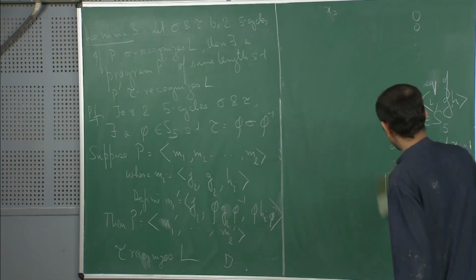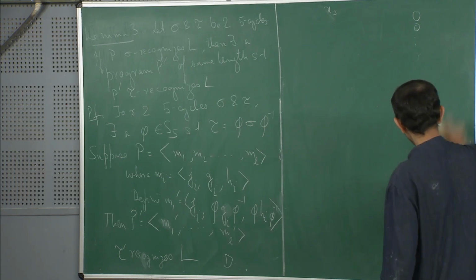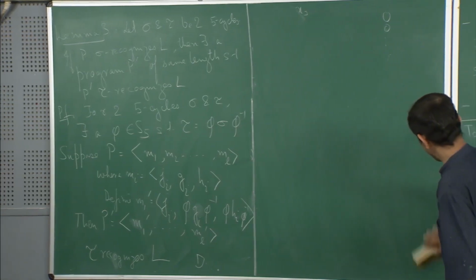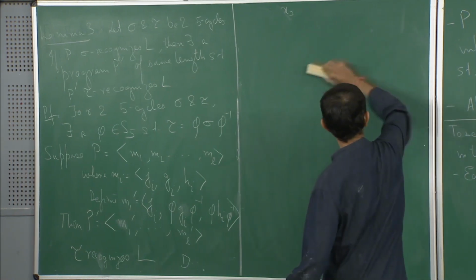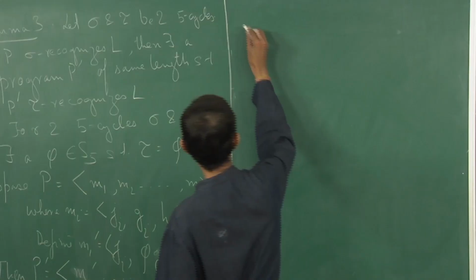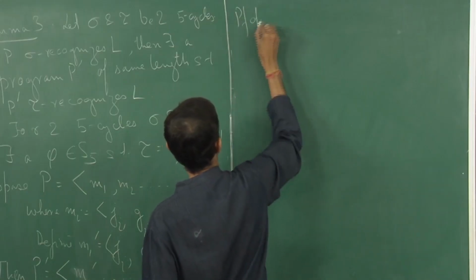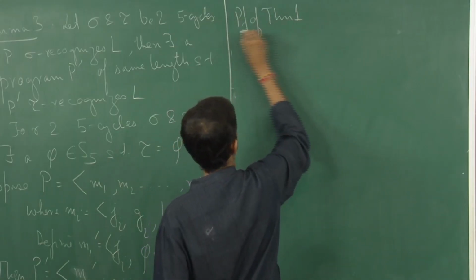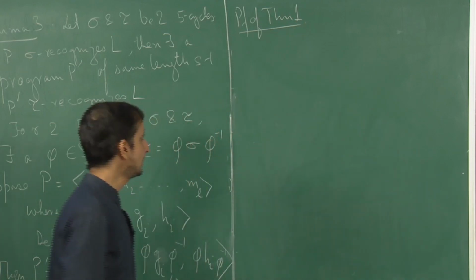So, now we come to the main proof of Barrington, and that is also actually quite simple given these observations. Proof of theorem 1.